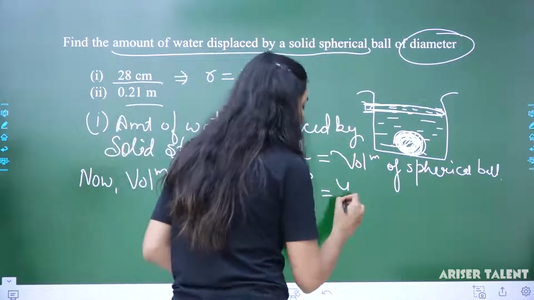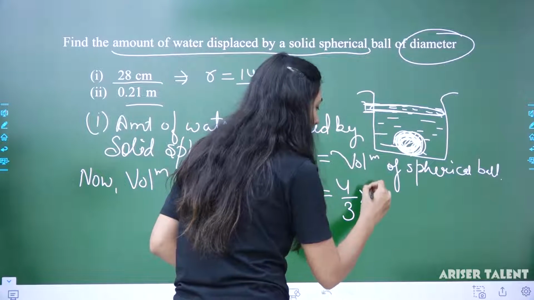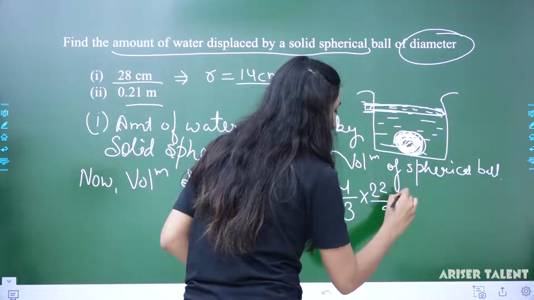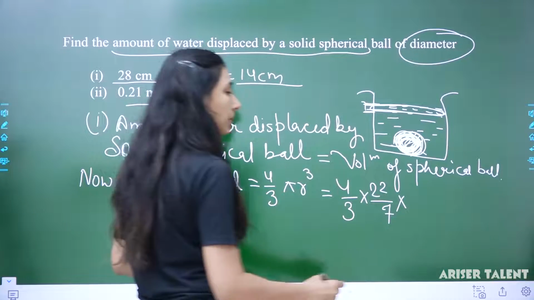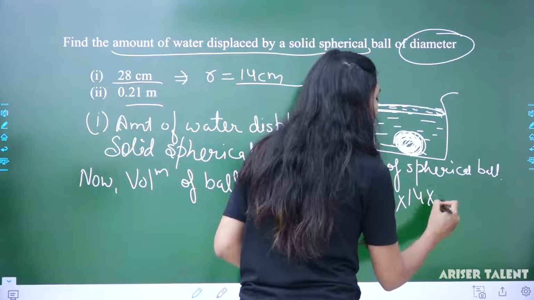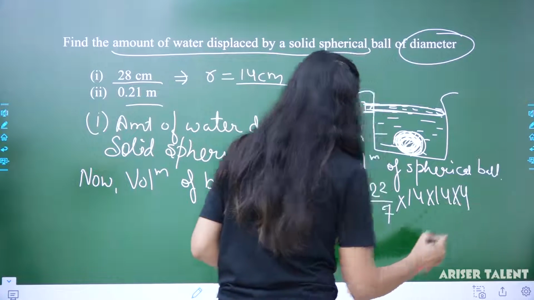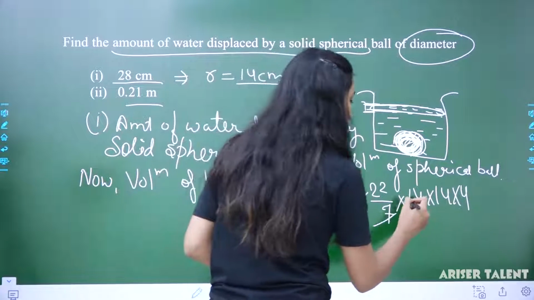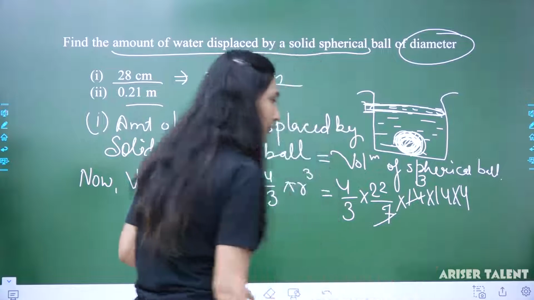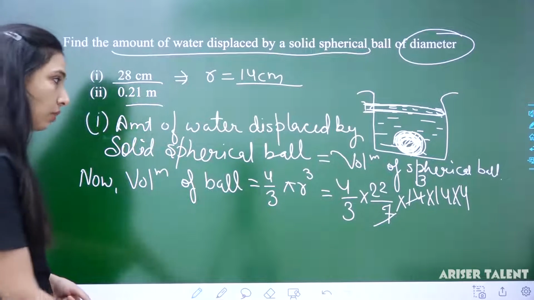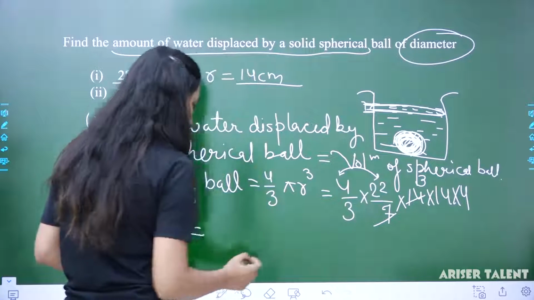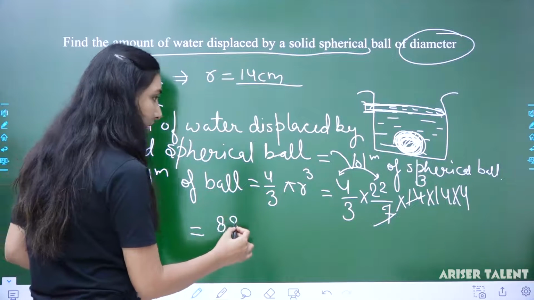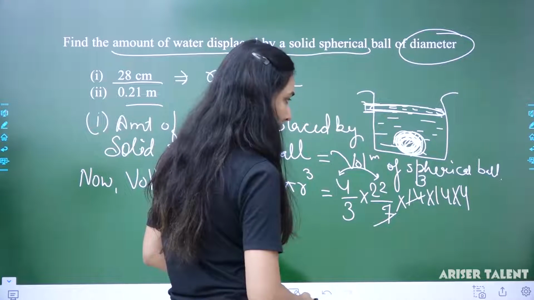Now, 4 by 3 is 4 by 3, pi is 22 by 7, and the radius is given as 14 centimeter. So, 14 multiplied by 14 multiplied by 14. Now, cut it 3 times. 14 square, here you will be getting 88, right?